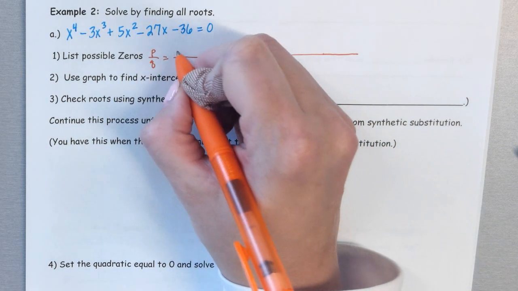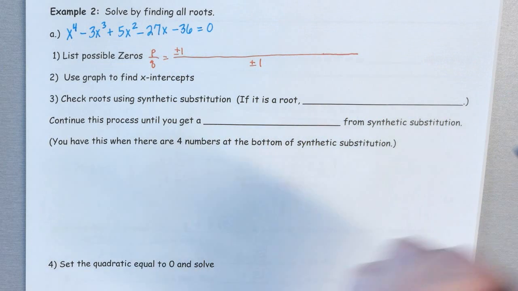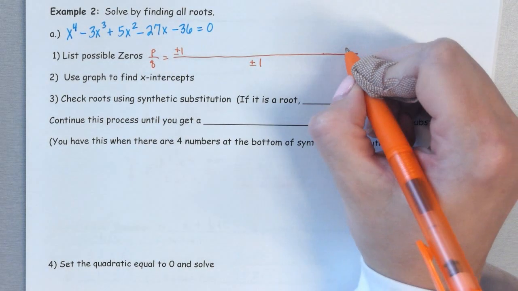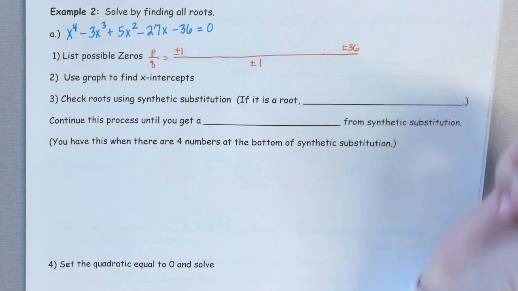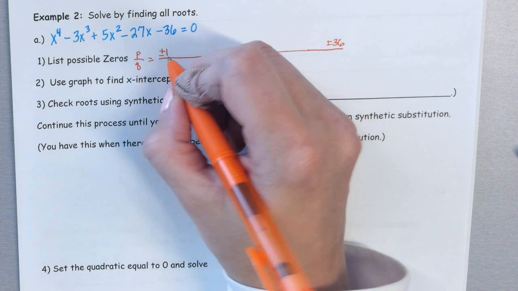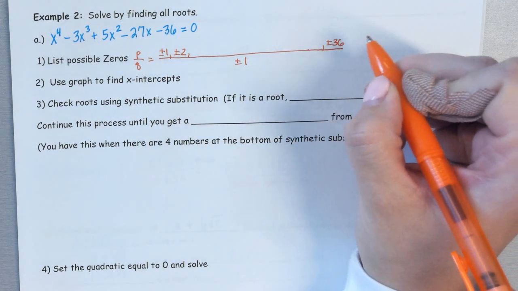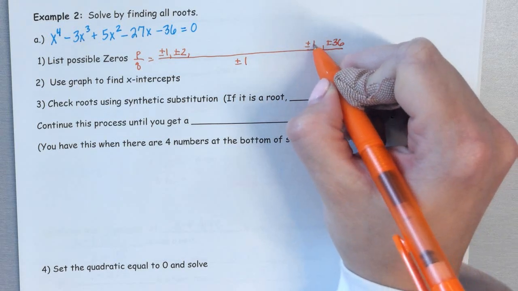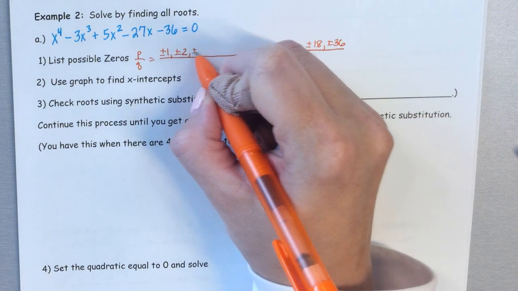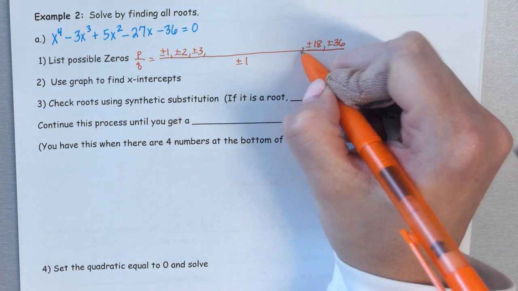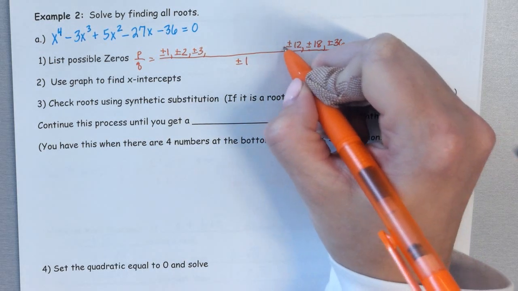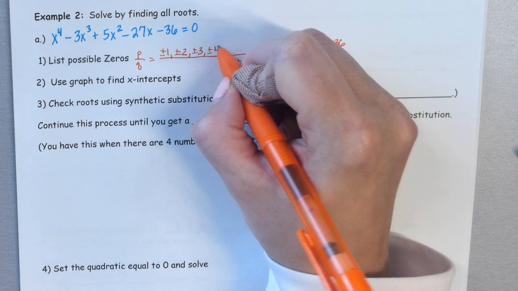So for 36, 1 goes in there, and you could do 1 times 36. You can just put them at opposite ends. And then 2 goes in there. 2 times what is 36? 18. 3 goes in there how many times? 12. 4 goes in there how many times? 9.